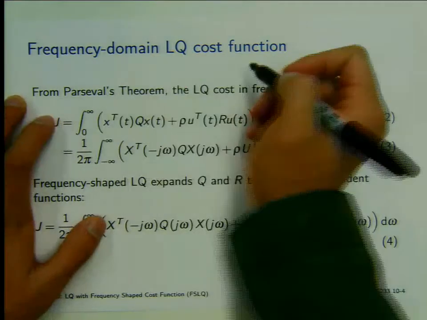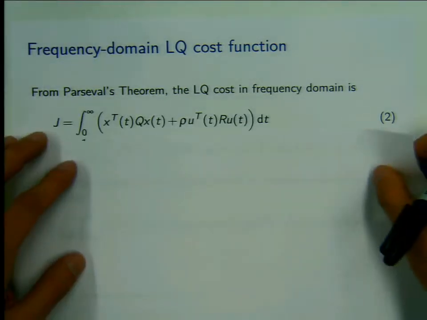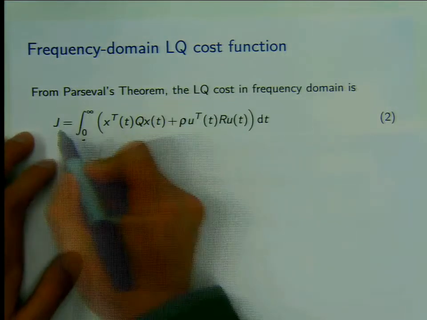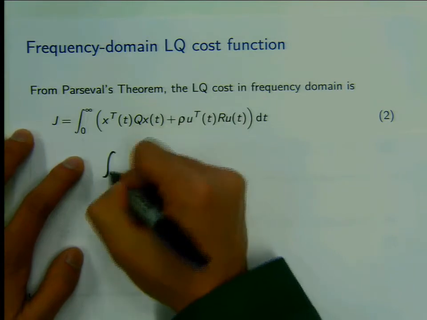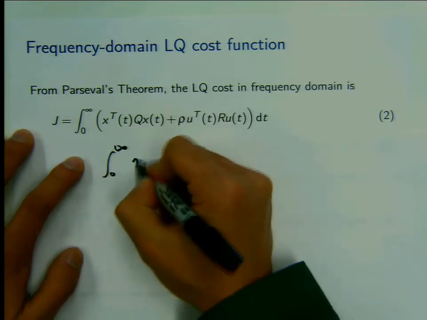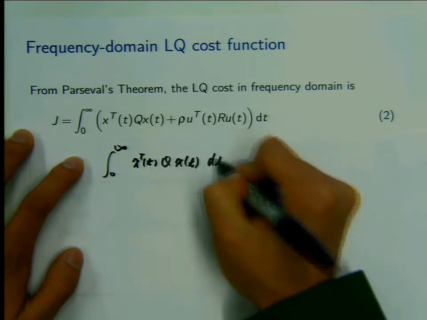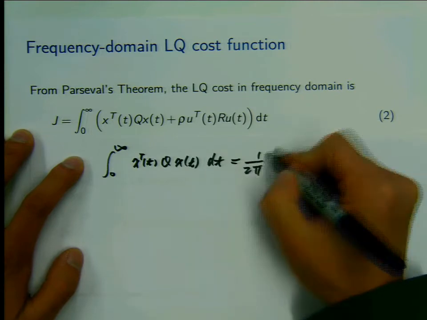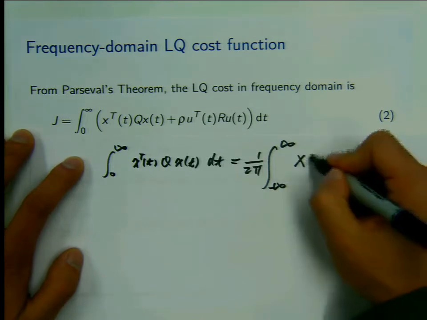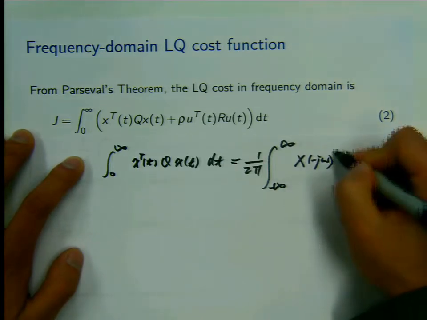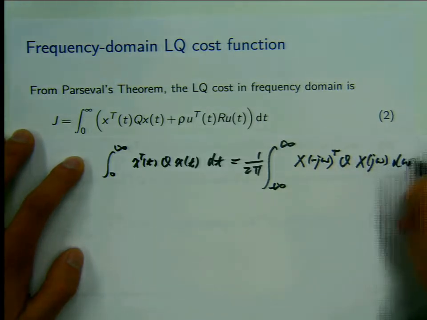Now, let's work on this cost function here. You have seen this LQ cost function. If I apply Parseval's theorem, then the integration from 0 to infinity of x transpose(t) Q x(t) dt equals nothing but 1 divided by 2 pi, integrated from negative infinity to positive infinity, of x(negative j omega) transpose Q x(j omega) d omega.